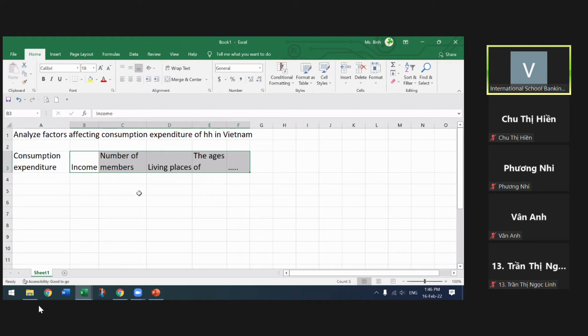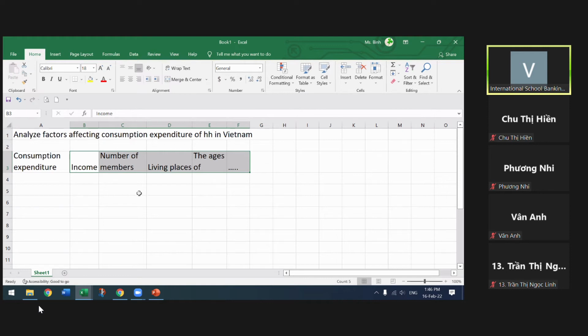So here you just understand that when you decide which factor should be included in the model, you need to have some base. You need to base on the theories, and also on the availability of the data.